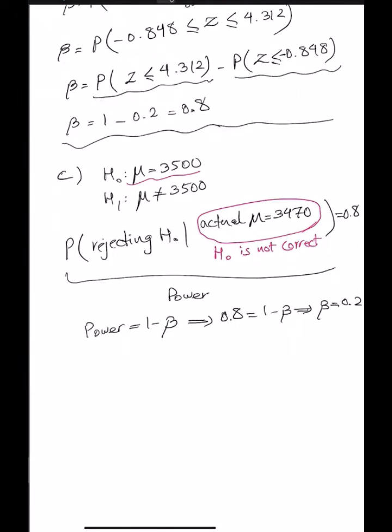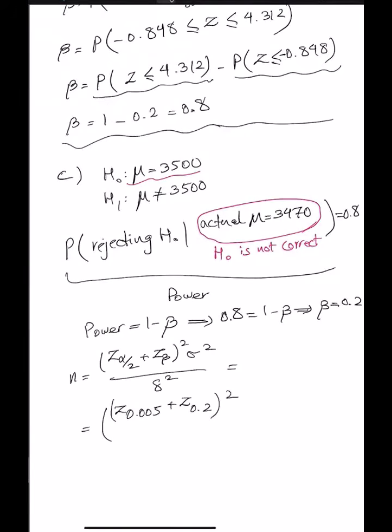When we have a two-sided test, n is going to be z of alpha over 2 plus z of beta, to the power of 2, times sigma to the power of 2, over delta to the power of 2. So here I need z of alpha over 2, that's going to be z of 0.005. z of beta, that's going to be z of 0.2, to the power of 2.